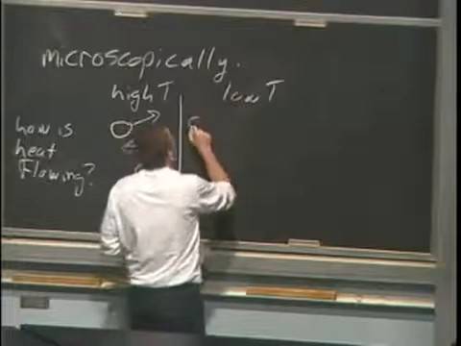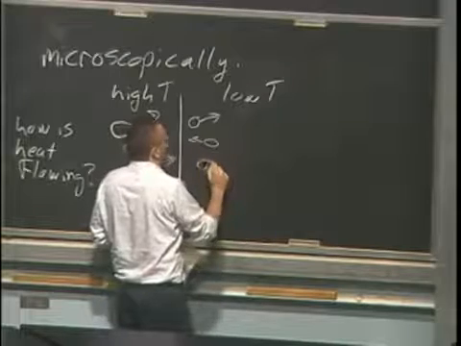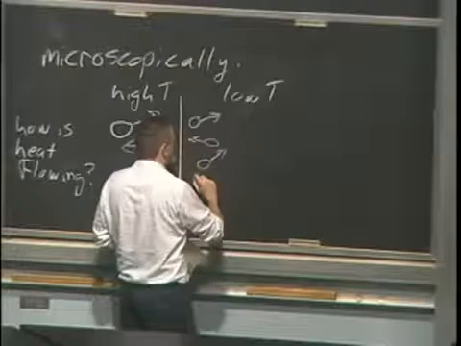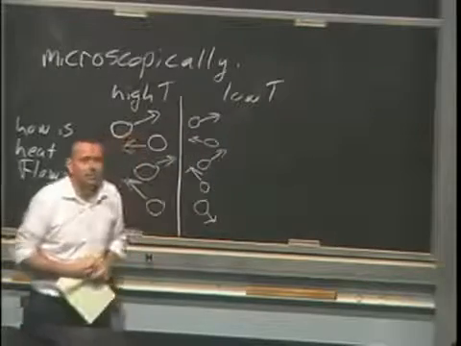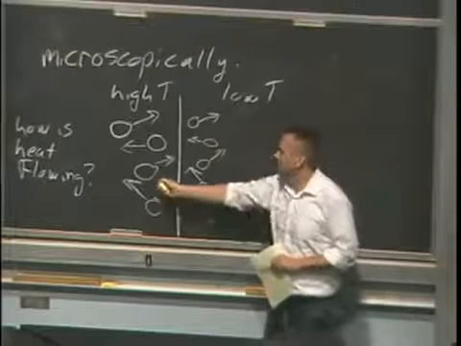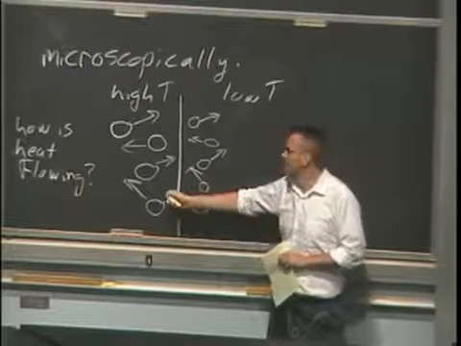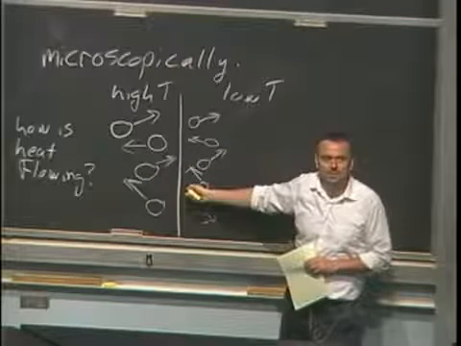On the other side, we've got the other object. When we say heat is flowing between them, what we mean is that these two are in contact and we're allowing microscopic collisions to occur.